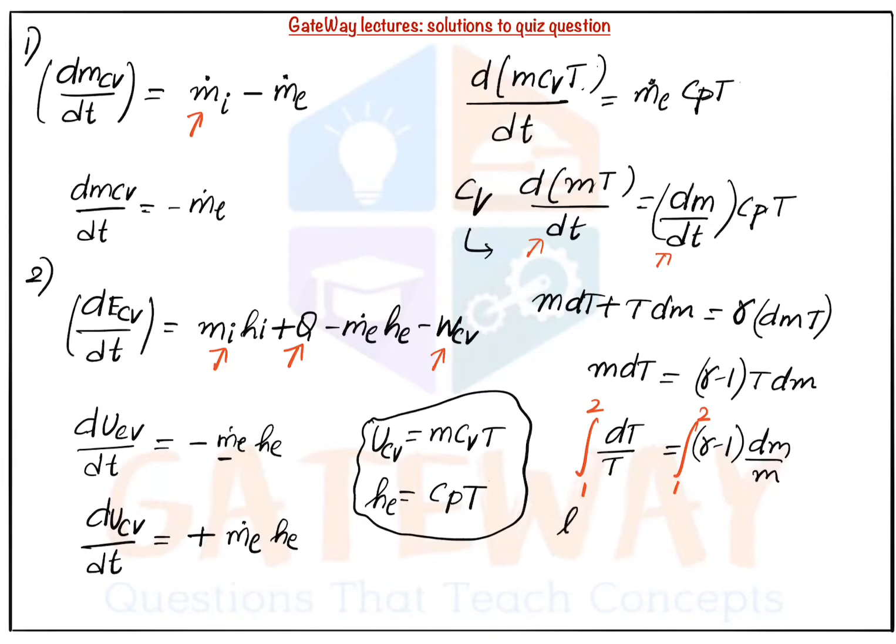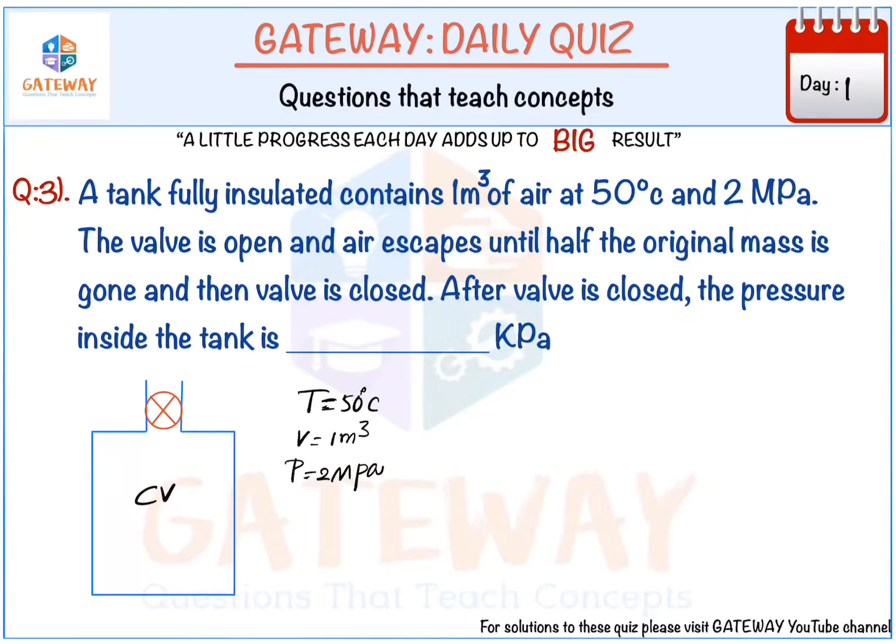By integration we will get ln T2 by T1 is equal to gamma minus 1 into ln m2 by m1. In the question it was given that half of the original mass is left, so the final m2 will be m1 upon 2. We substitute that value over here.